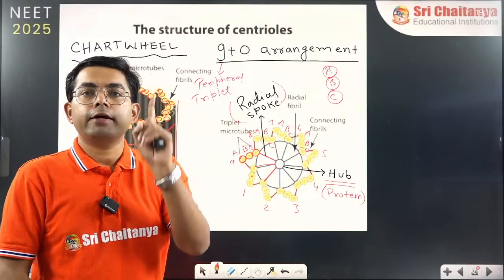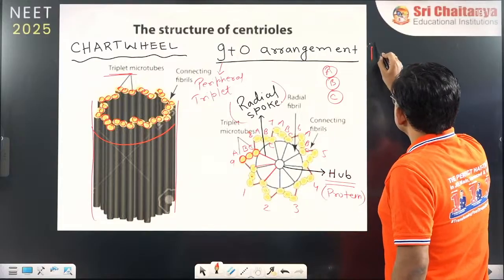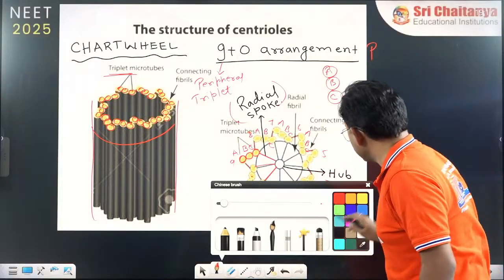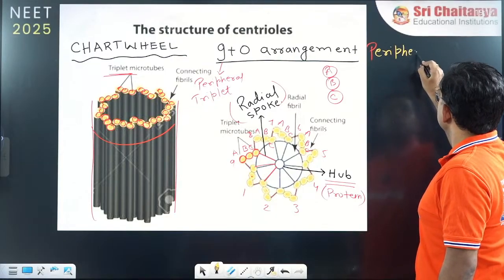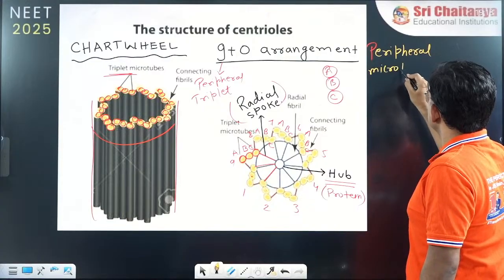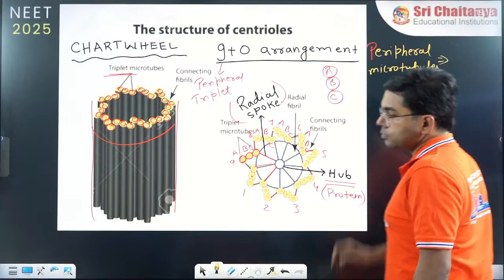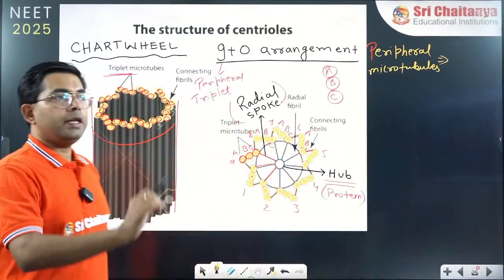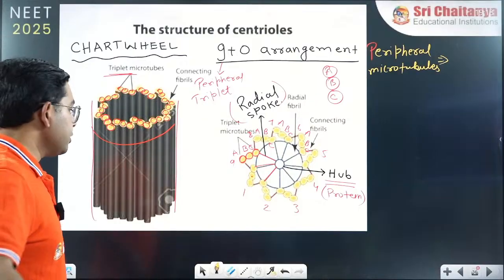No central microtubule. Here also there are peripheral microtubules. Now tell me, how many peripheral microtubules? Star question.